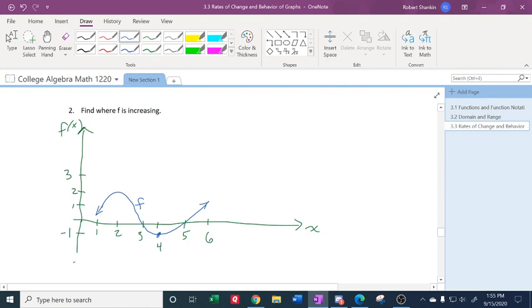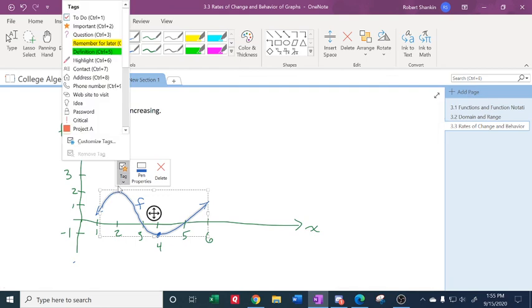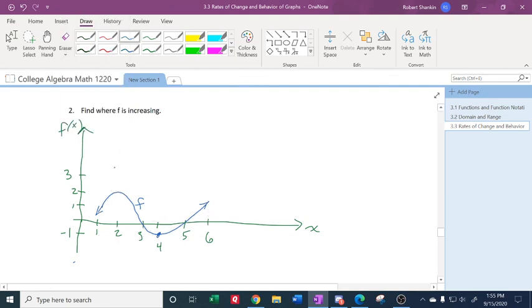Yeah, way over here. And this is going infinitely far to the left. So it's actually increasing infinitely far to the left up to here. Right? Up to that point. So all this part is increasing and is increasing way over here.